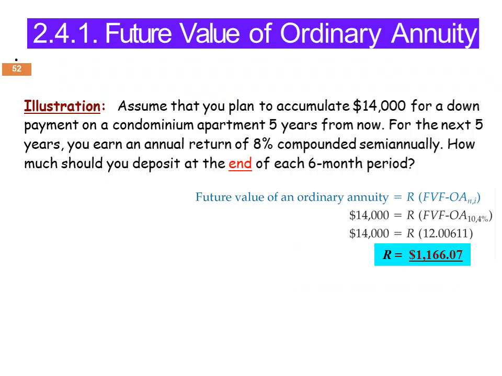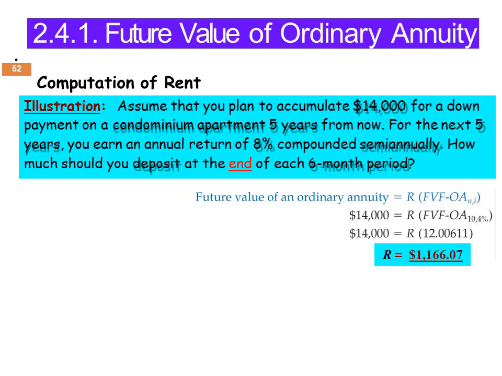The next one is the future value of an ordinary annuity. Again, an illustration, computation of the rate. Assume that you plan to accumulate $14,000 for a down payment on a condominium apartment 5 years from now.